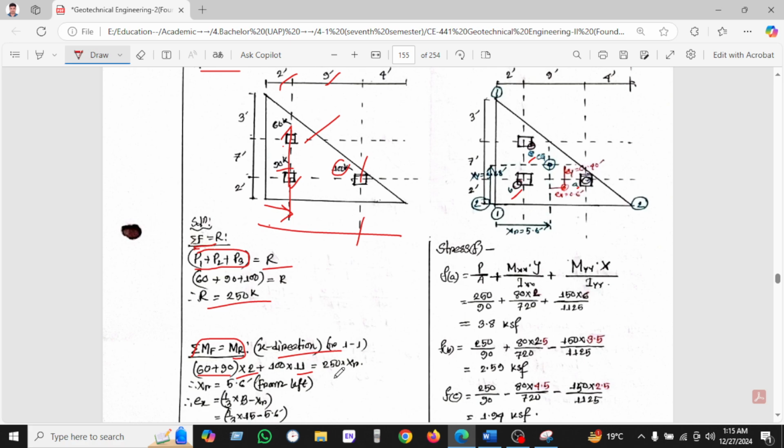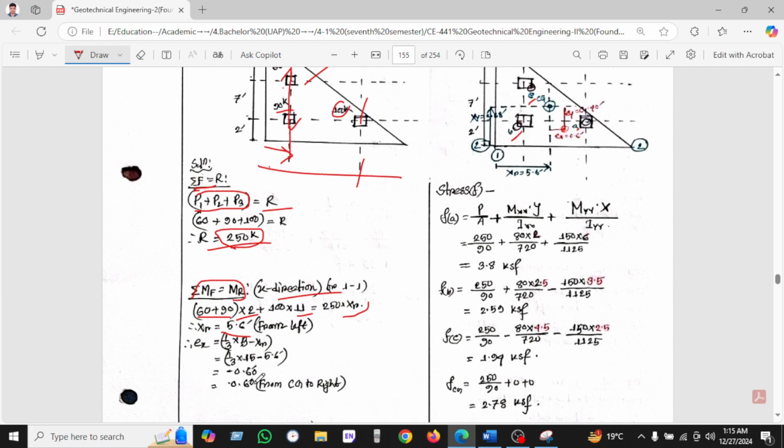And resisting, we know 250, and R is unknown, and XR is 5.6 feet from left. And we will calculate the eccentricity EX, up into B into XR, and found 0.60.